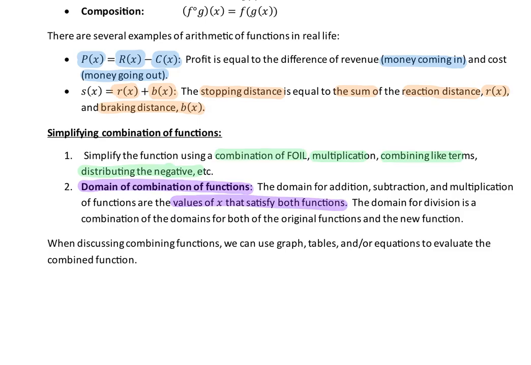When we talk about the domain for division, we do have an added restriction. We want the domain of the original functions, but we also need to keep in mind that when we move something to the denominator, that denominator cannot equal 0. And so we are going to have an added restriction.